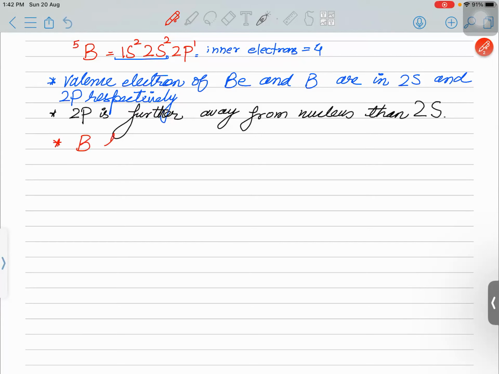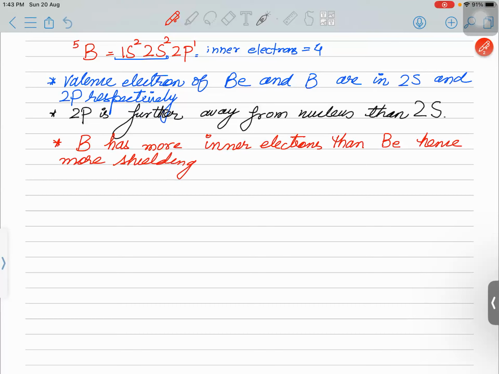So boron has more inner electrons than beryllium, hence more shielding effect.